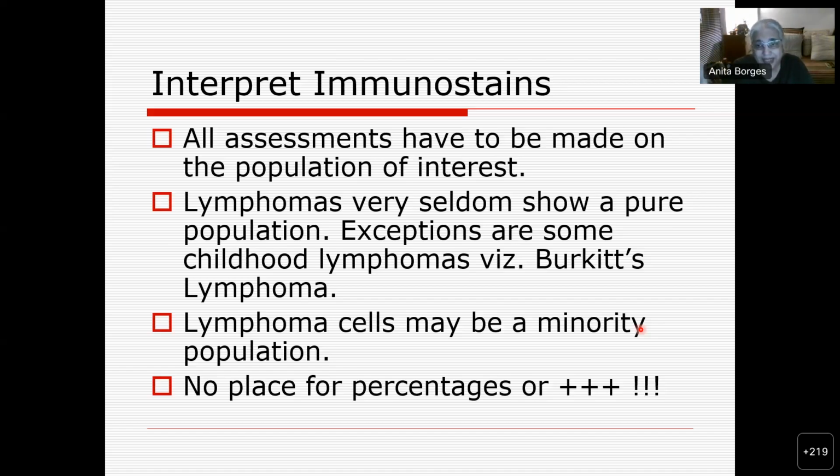And it's that population of interest that you should actually investigate further. I hope I've said it right, Sumit. Is that true also of flow? Yes, yeah. We don't give percentages. So if you're not doing it on flow, I think that it is ridiculous to do it on immunostains, okay, for lymphomas.